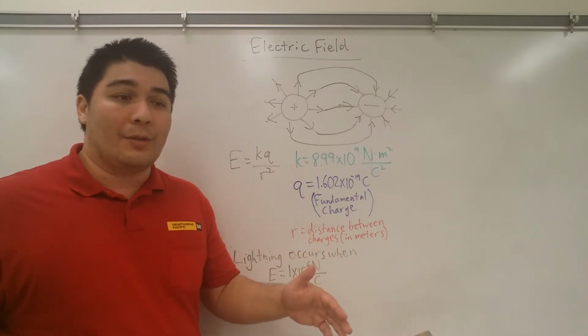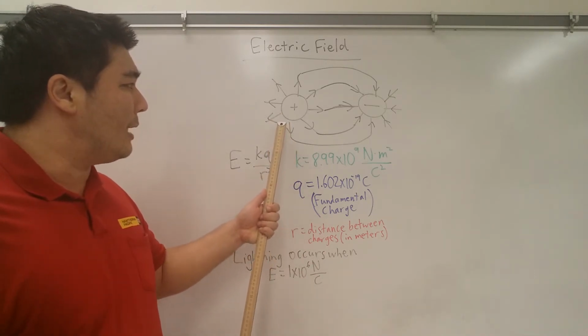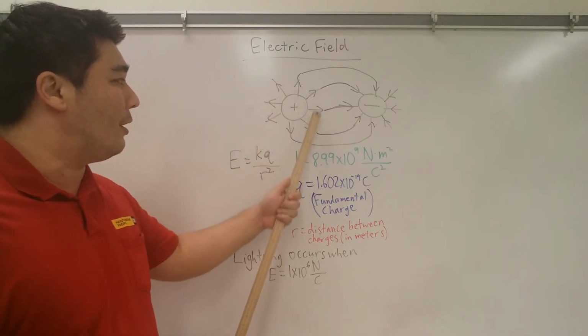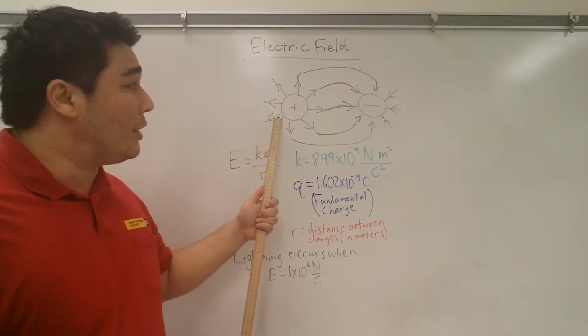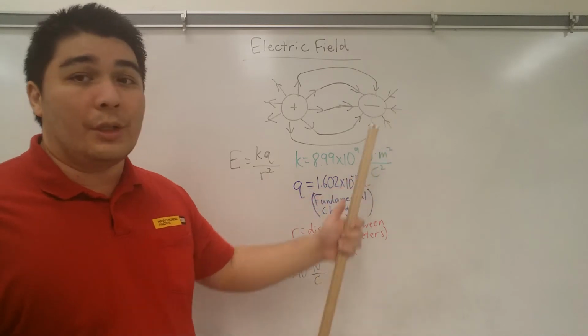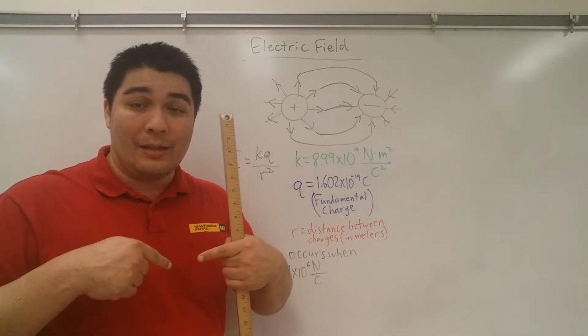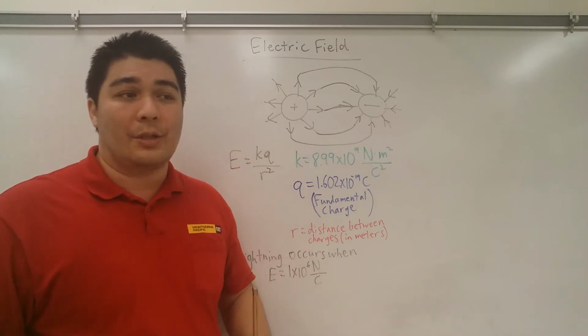But how do they interact? That's why I take the time to draw out all the different field lines and show which way they point, because with the electron, the traditional method is to draw the field lines coming in towards the electron.